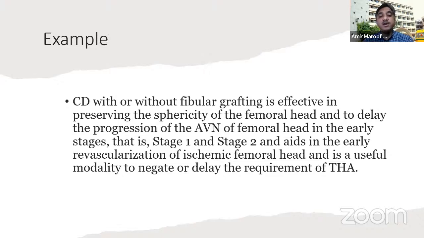If somebody is interested, they can read the details of it. If somebody thinks that this is not what they are interested in, maybe they are interested in a radiological or clinical finding, then they can go and read some other paper. So the title, your research question, which changes to your aim, and then your conclusion is the answer to the research question or the aim that you started with.